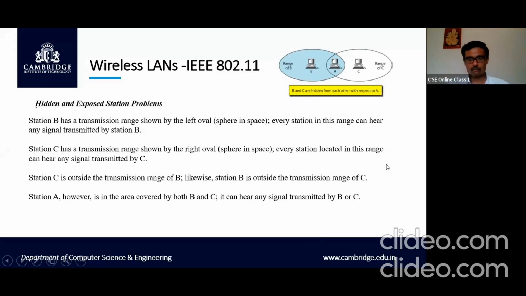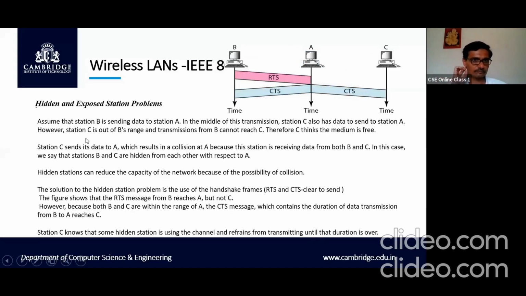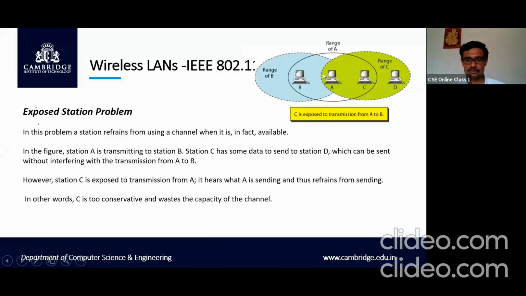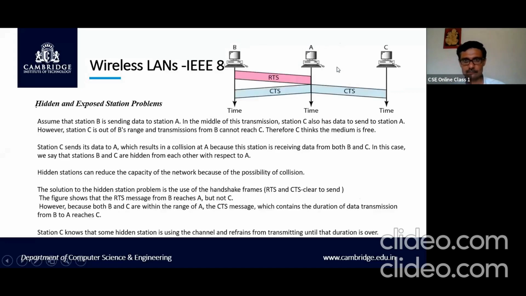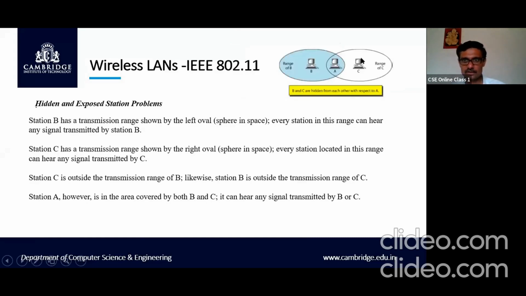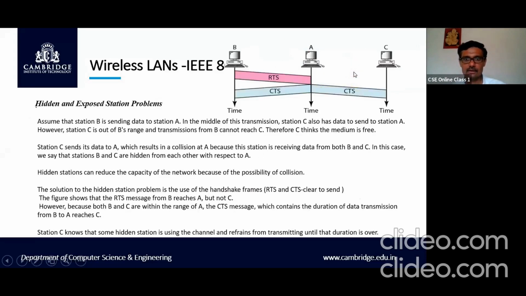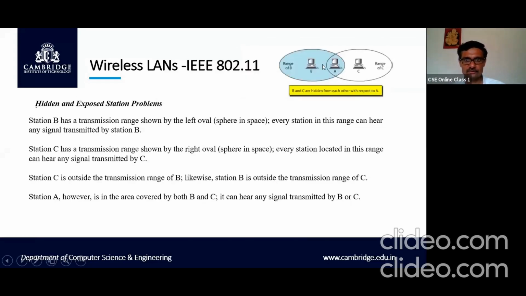Now, what is this problem? Let us see. Assume that station B is sending data to station A. In the middle of the transmission, station C also has data to send, to A again.